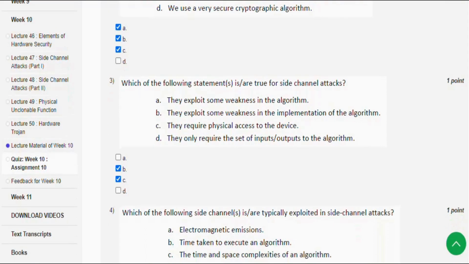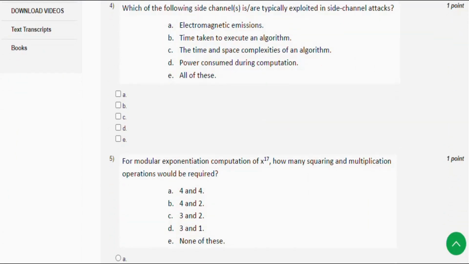Now moving into the next question, question number 4. Which of the following side channels is typically exploited in side channel attacks? The options are: A. Electromagnetic emission. Option B. Time taken to execute an algorithm.